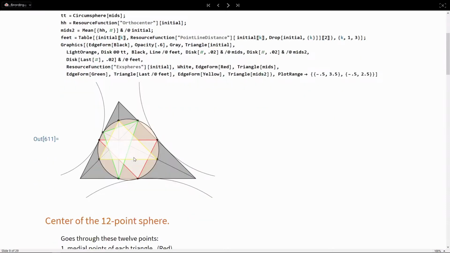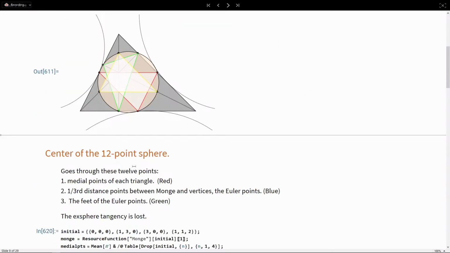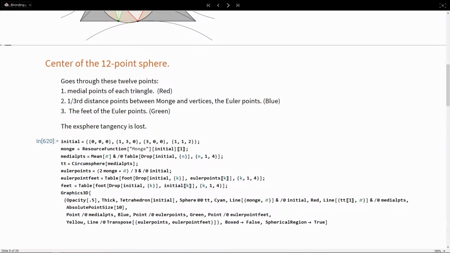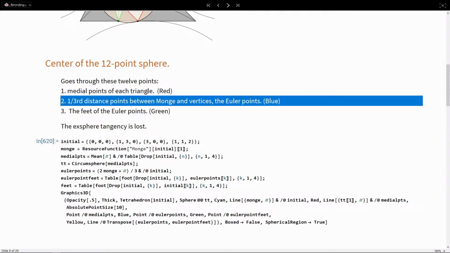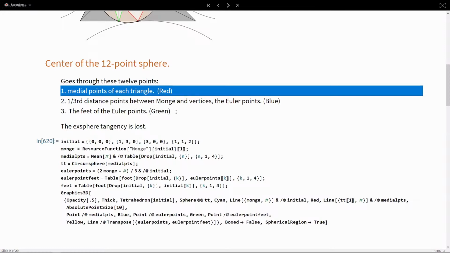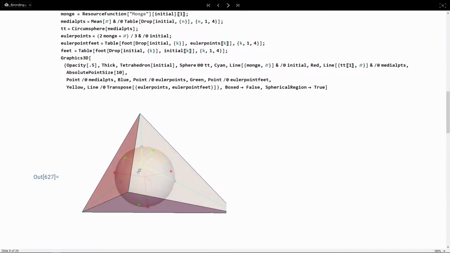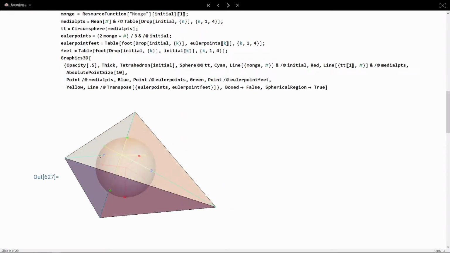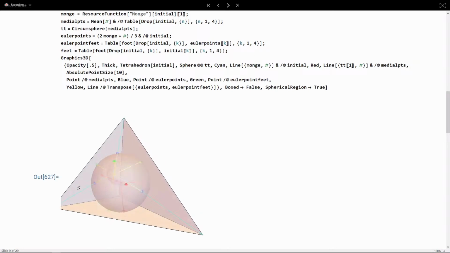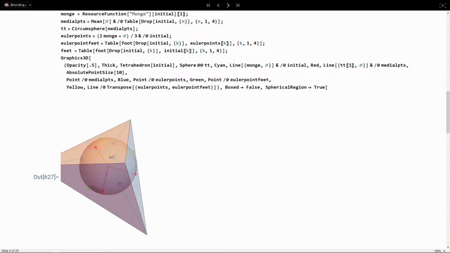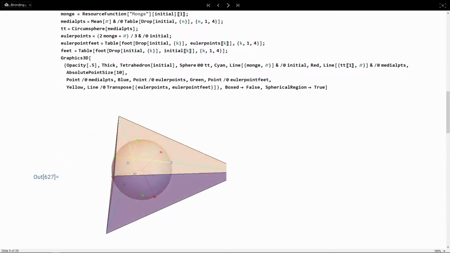There's something similar with tetrahedra. The medial points of each triangle, the 1/3 distance points between the Monge point and vertices. So we'll call those the Euler points. So this is the Euler tetrahedron, the medial tetrahedron, and the altitude tetrahedron. We get these 12 points, which are also on a sphere. And there's the 12-point sphere of a tetrahedron.